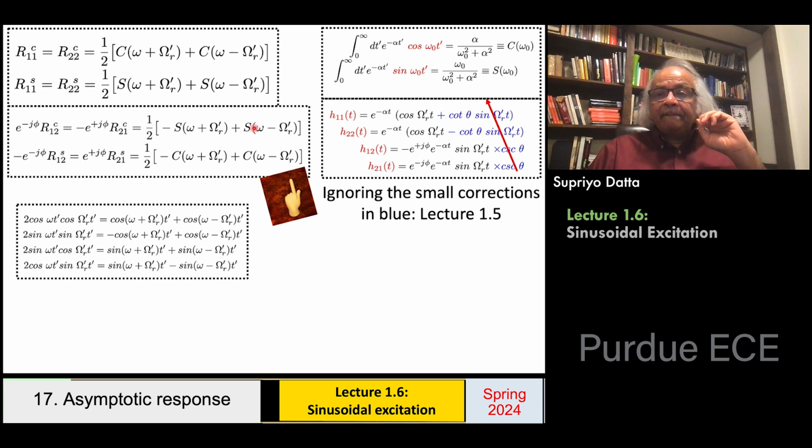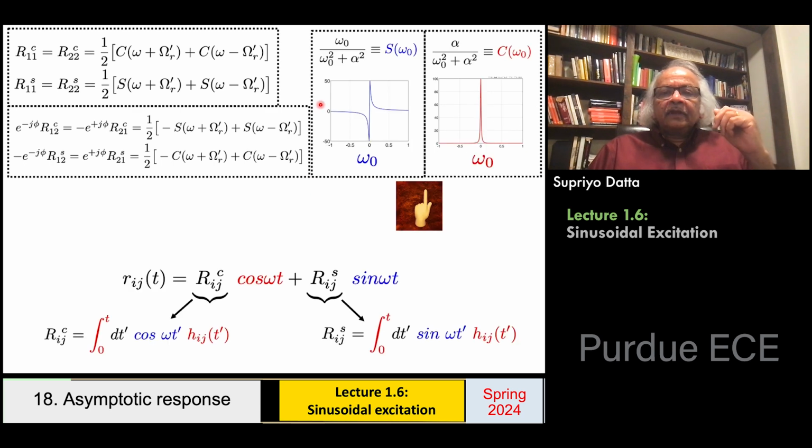By the way, when I'm writing these expressions, I've ignored the corrections due to the blue terms. As we discussed, that's usually a small correction. We could include it, but it just messes up the algebra a lot, so I've left that out. Now, remember, these functions S and C are very sharply peaked functions.